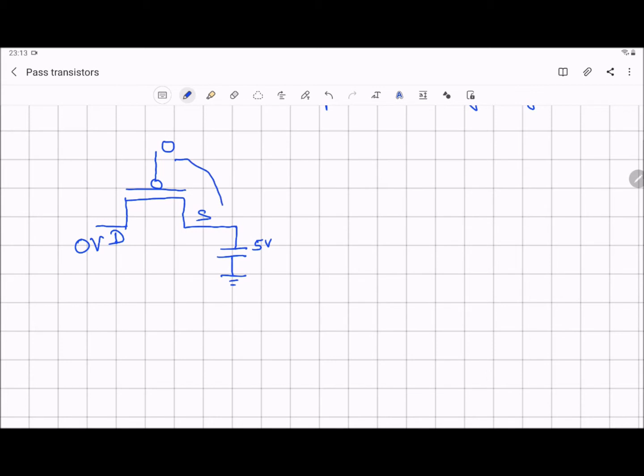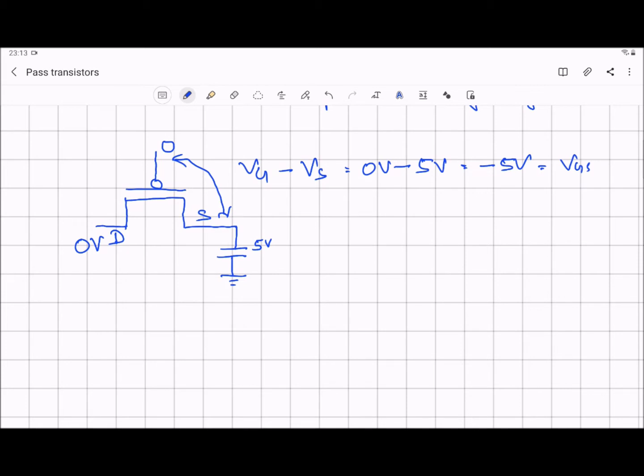And the initial value of VGS is VG minus VS is equal to 0 volt minus 5 volt is equal to minus 5 volt. That is my VGS, means transistor is on, and a current is going to flow, and capacitor is going to discharge.